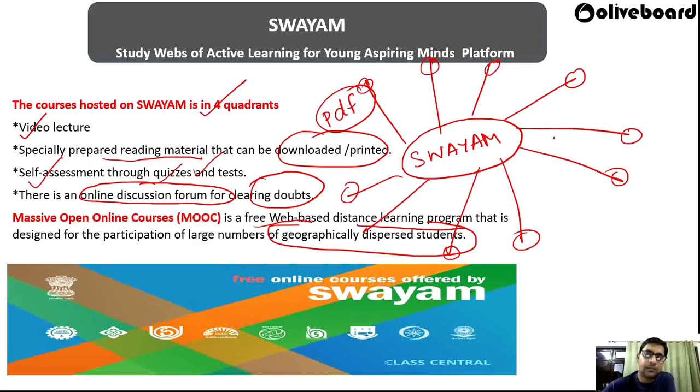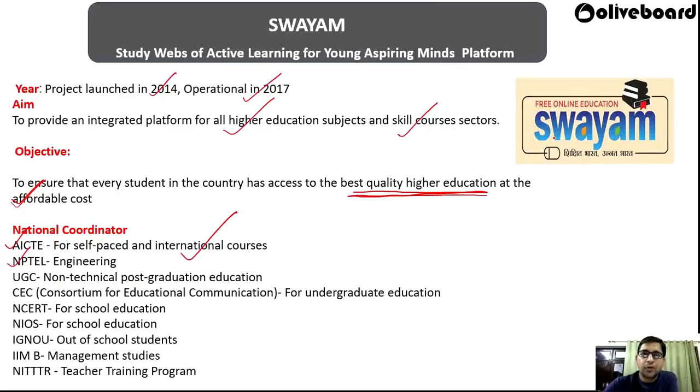You just need an active internet connection, and you can open the SWAYAM portal and have a huge amount of content to study. So this is all about the SWAYAM portal.